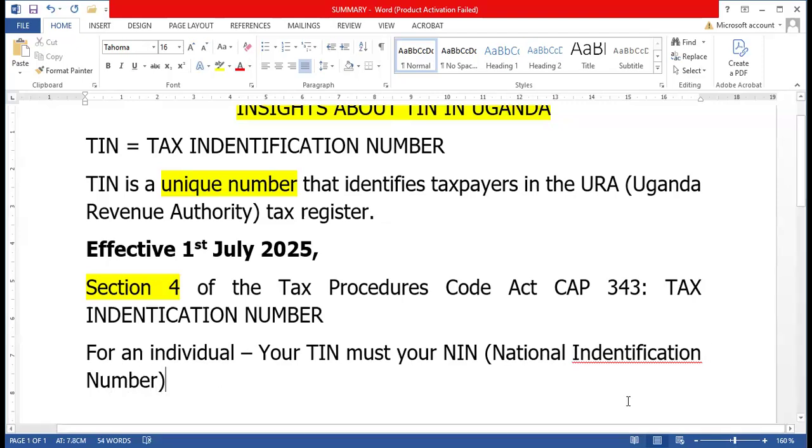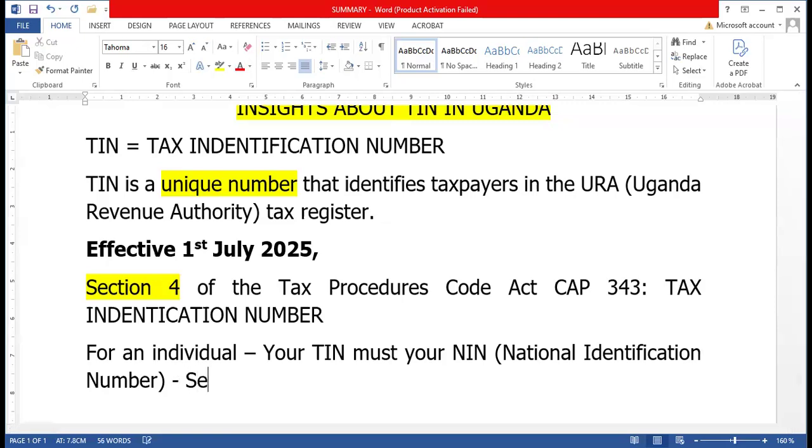So your unique number will be just your national identification number. That is under Section 4. If I need a TIN as an individual, my TIN will be my national identification number currently.